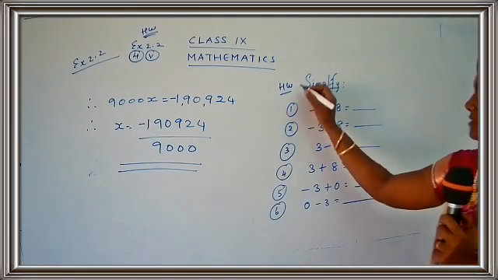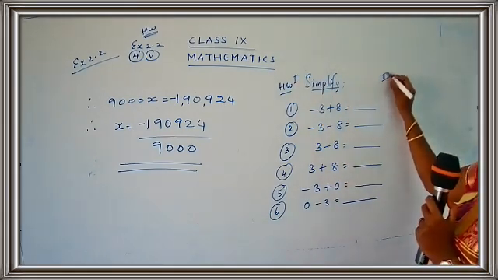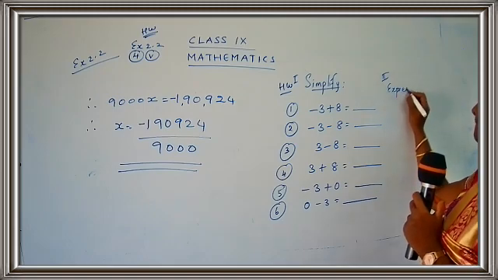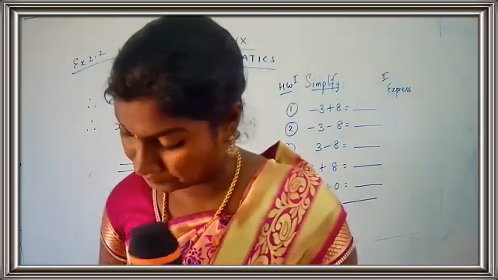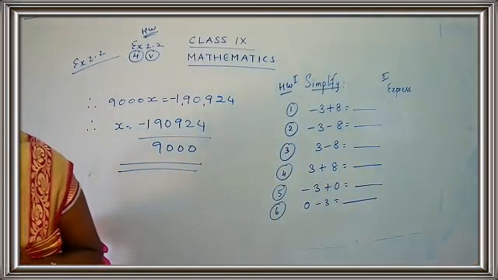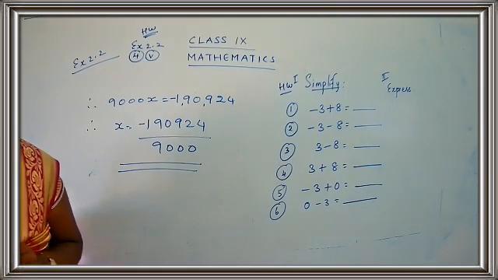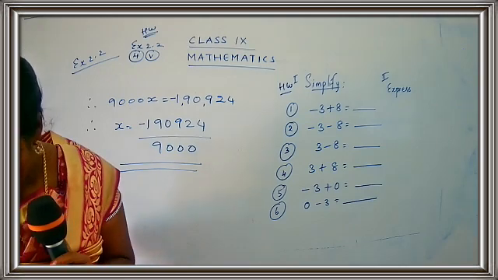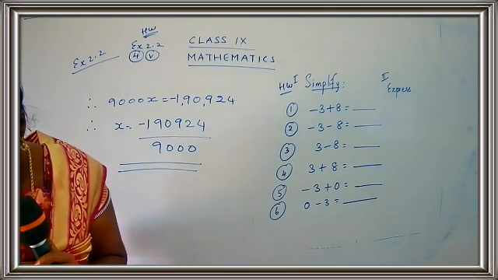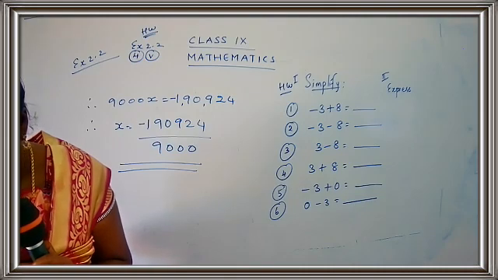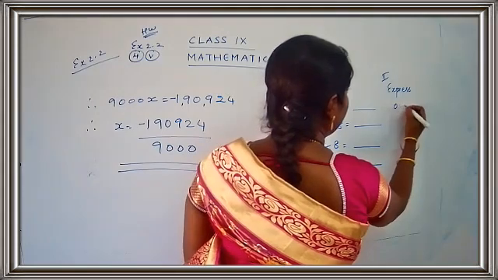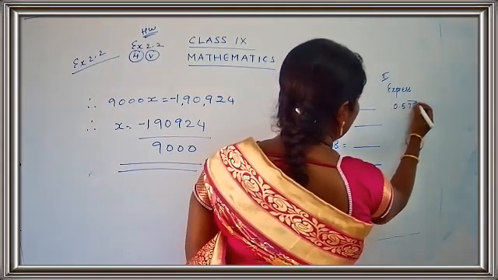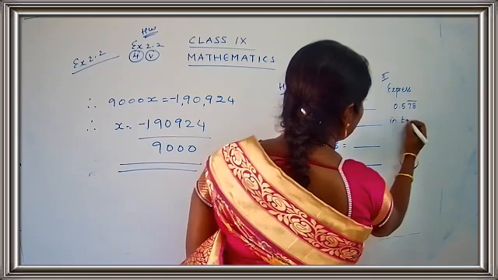This first question, question number 2. Read the question. I'll give you one more question. 0.578 bar in terms of rational.